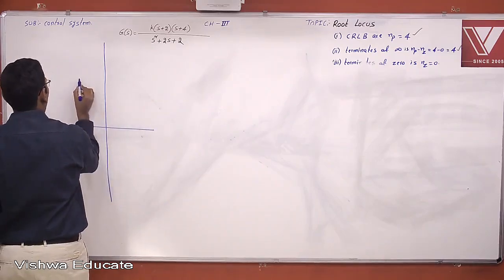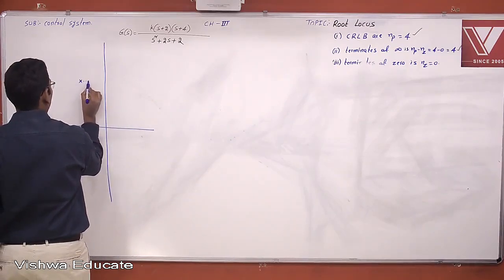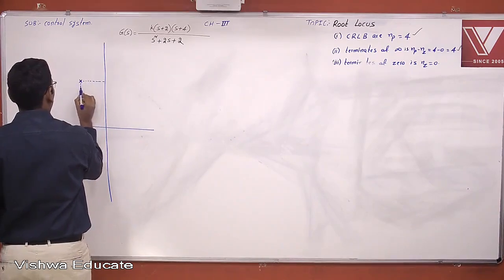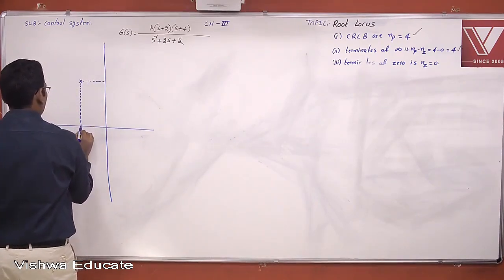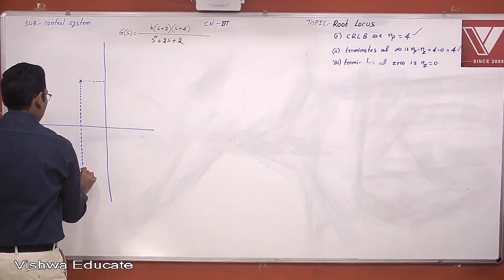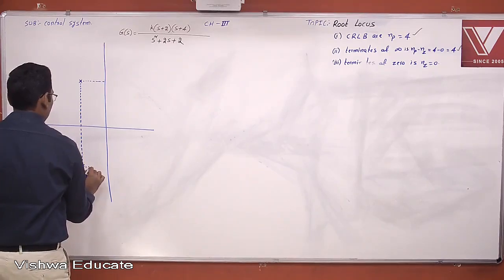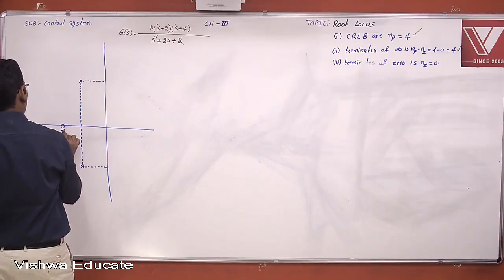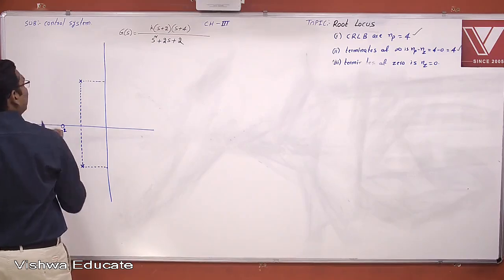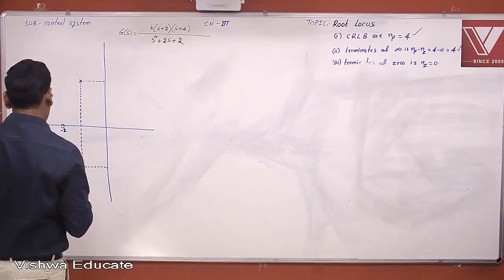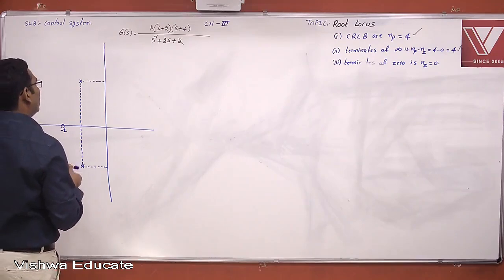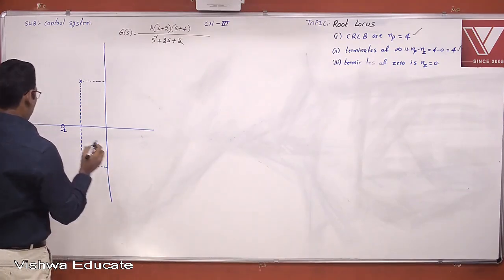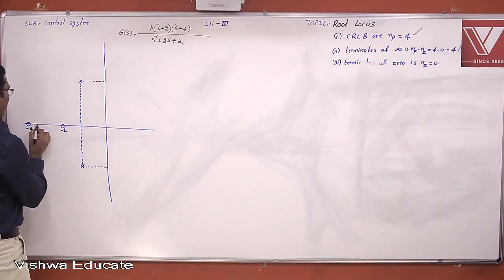These are the complex conjugate poles. And these are the zeros: one zero is at -2, one zero is at -4. These are the complex conjugate poles. Now this is the root locus branch.